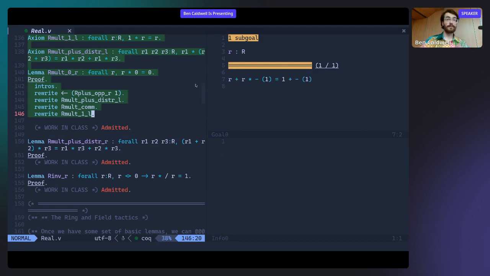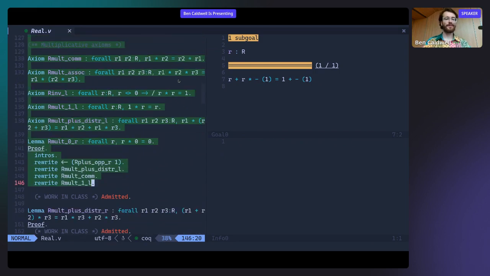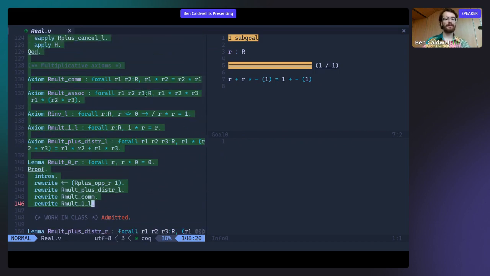Does anybody have any ideas for how we might want to approach this with the very limited number of axioms that we have? Okay, well, let's start doing some searching then, right?